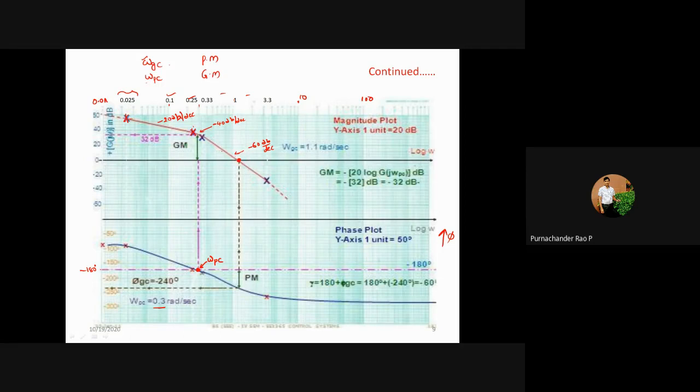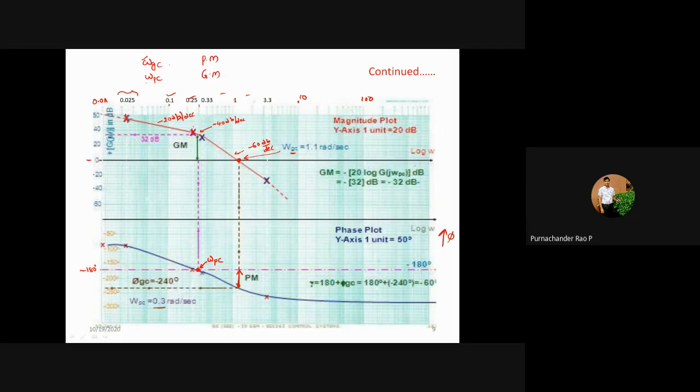Next, where the magnitude plot is crossing 0 decibels, that particular frequency is known as the gain crossover frequency. After that, from the gain crossover frequency we need to draw a line to the minus 180 line, up to this particular point.